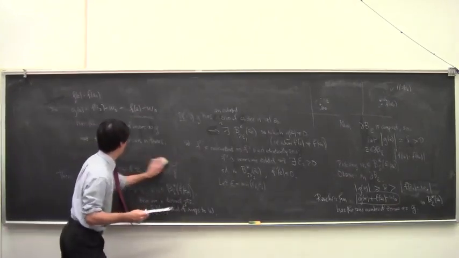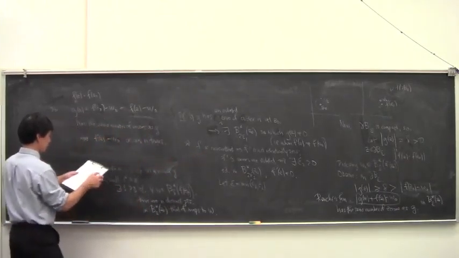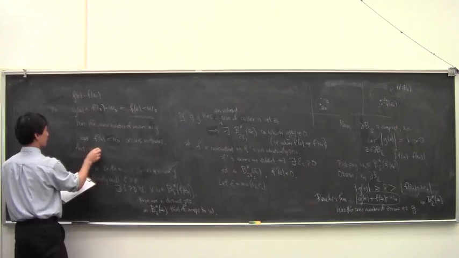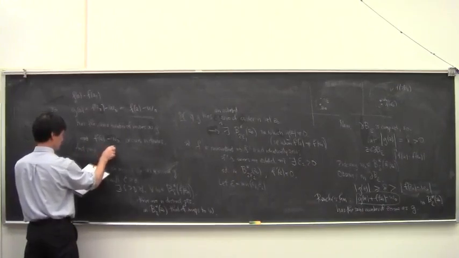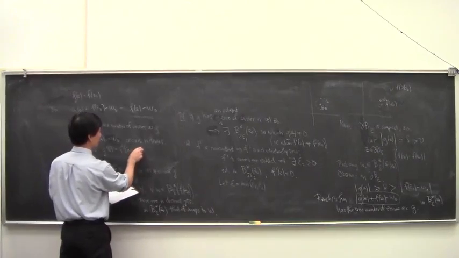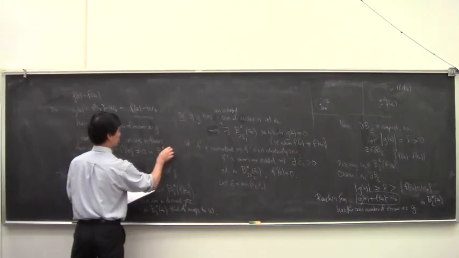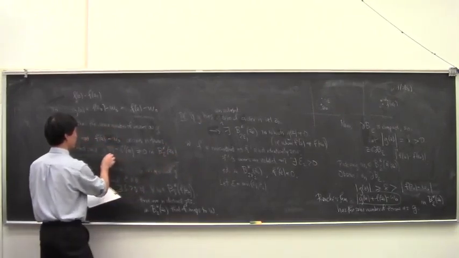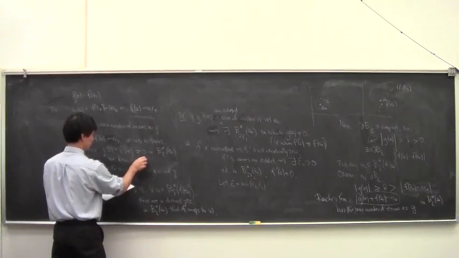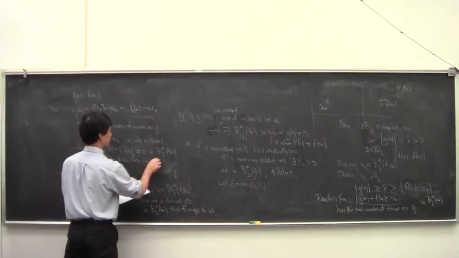But we also required that f prime is non-zero in our ball, so we know these are simple zeros.